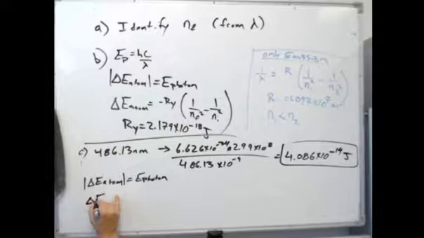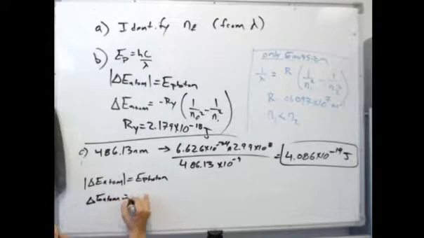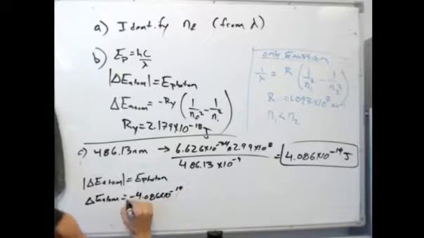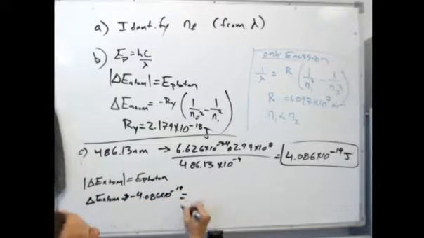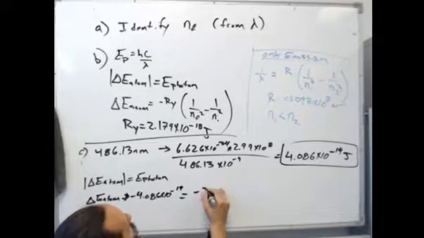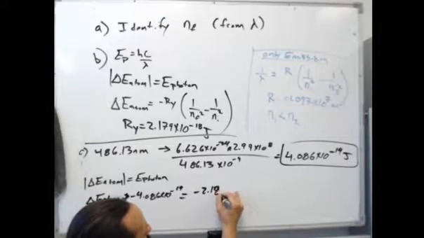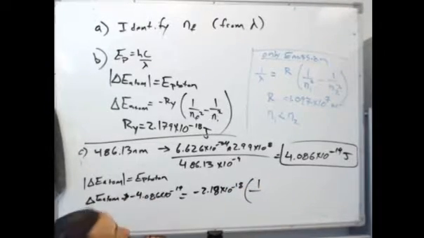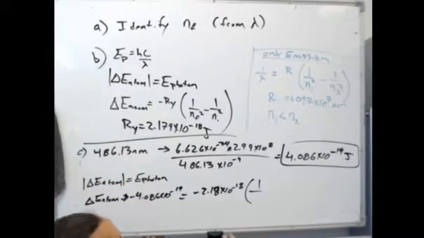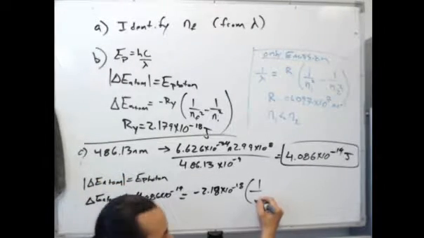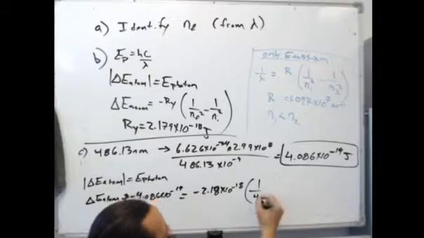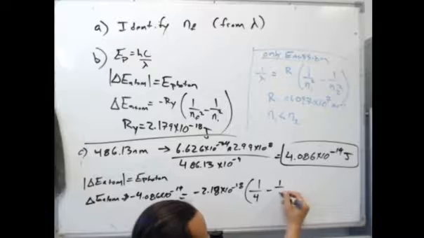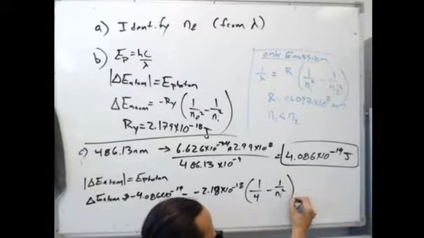So the change in energy of the atom is going to be negative 4.86 times 10 to the minus 19, which is going to be equal to negative 2.18 times 10 to the minus 18 times 1 over, I know the n final because this is visible spectrum. The n final is 2, so that's going to be minus 1/4 minus 1 over n initial squared.